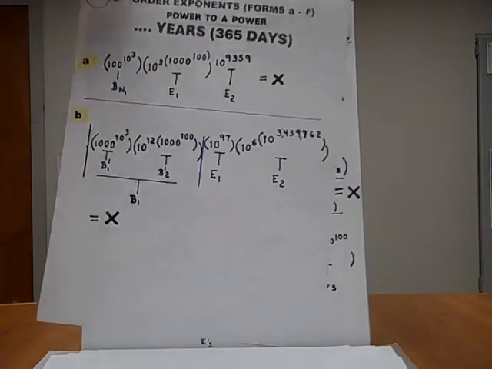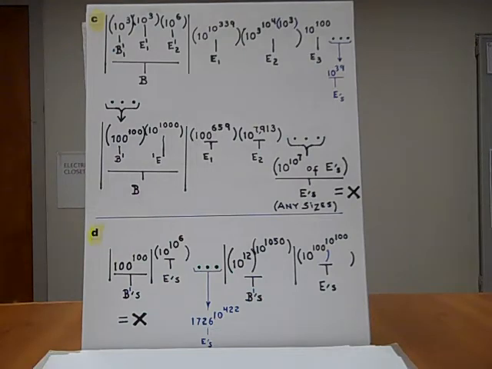Now we will go to C of second order exponents. See, this is the base, internal base, there's a superscript I right here, and base number 1, and what happens here is that the base here is 10 to the third power, 1,000, and here's exponent 1 and 2.